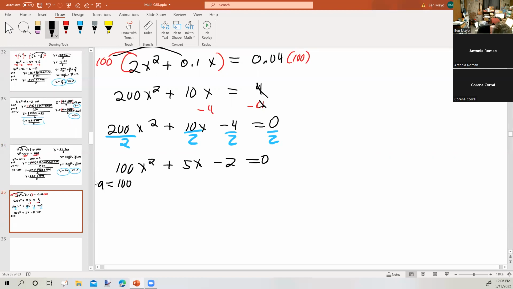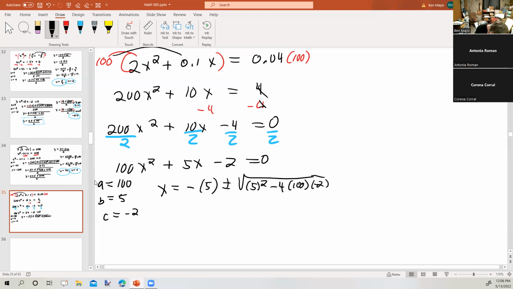A is 100. B is 5. C is -2. X equals -b plus or minus the square root of b squared minus 4ac all over 2a.